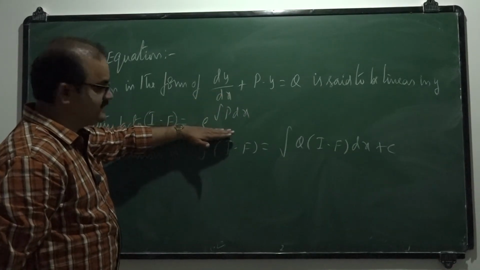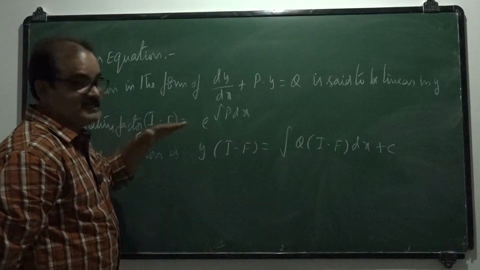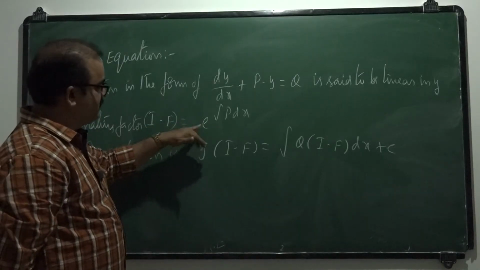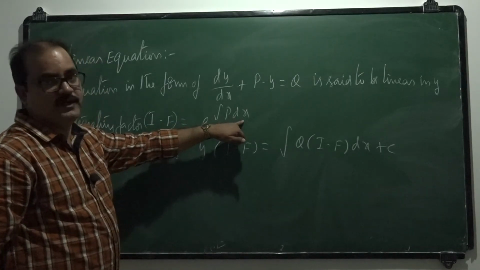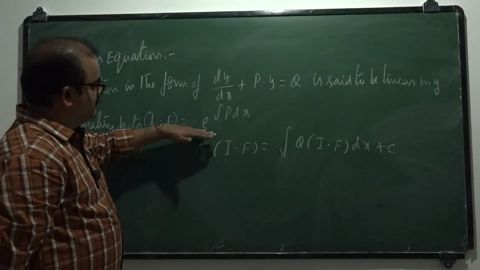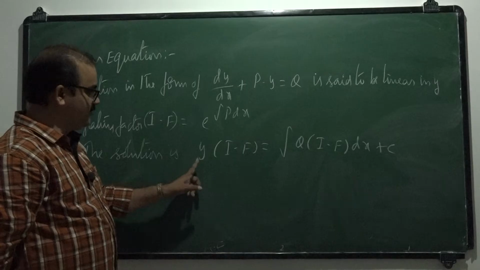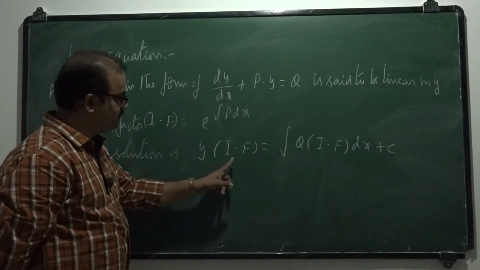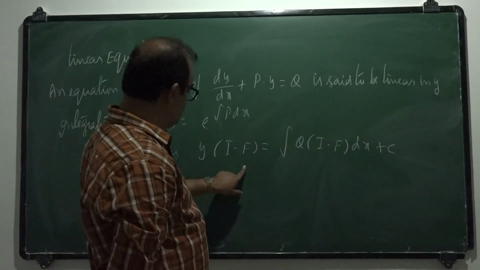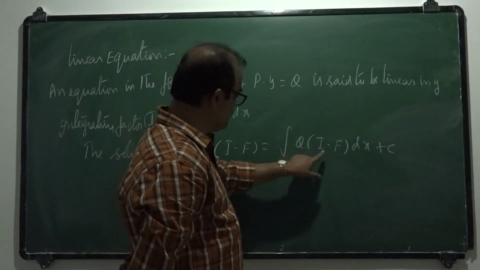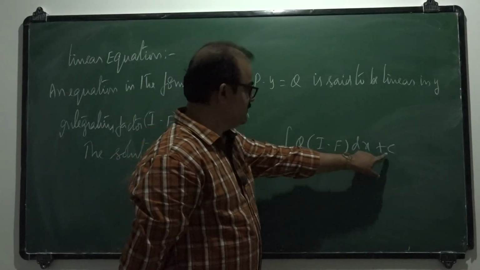By using the integrating factor. What is the integrating factor? e power integral p into dx. Then what is the solution of this equation? This is the formula to find the solution: y into integrating factor is equal to integral q into integrating factor dx plus c.